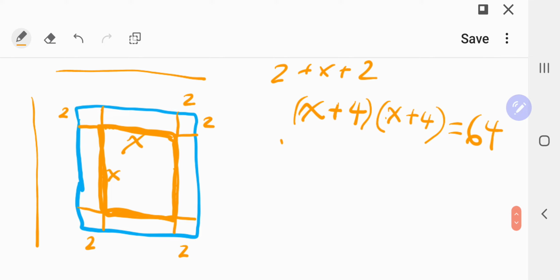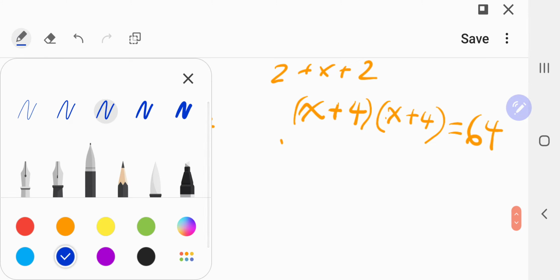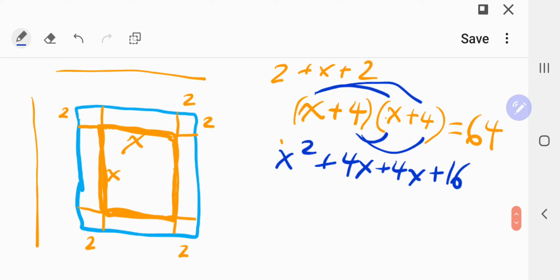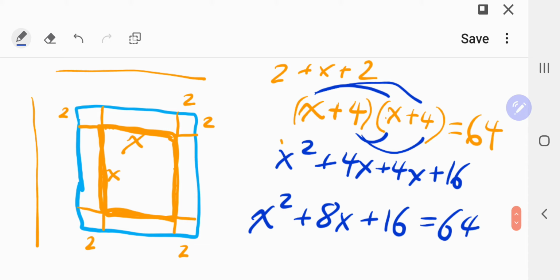And if we distribute this using our new skill, and combine like terms in the middle, you might think, hey, isn't this just like the pumpkin problem?